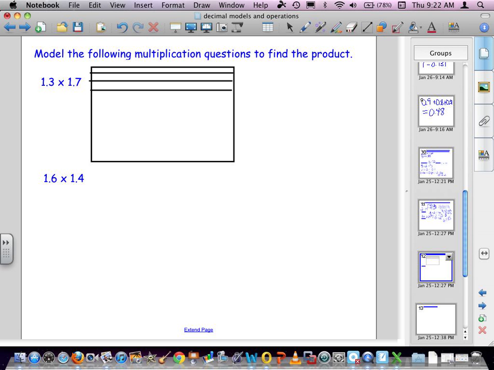Okay? The flat has a height of 1 and a width of 1. That's why it has an area of 1. A rod has a width of 1/10 and a length of 1, so its area is 1/10. So then I need to stack 7/10 going the other way.